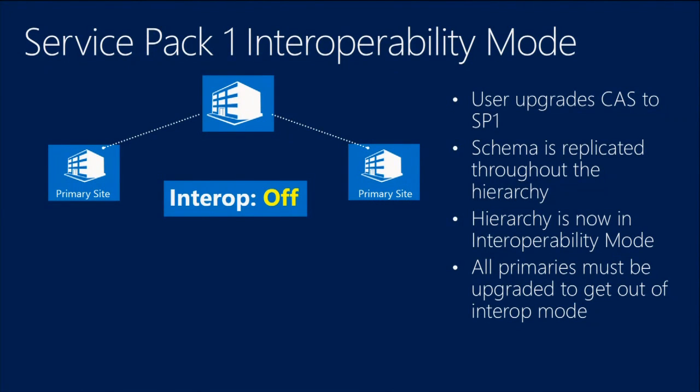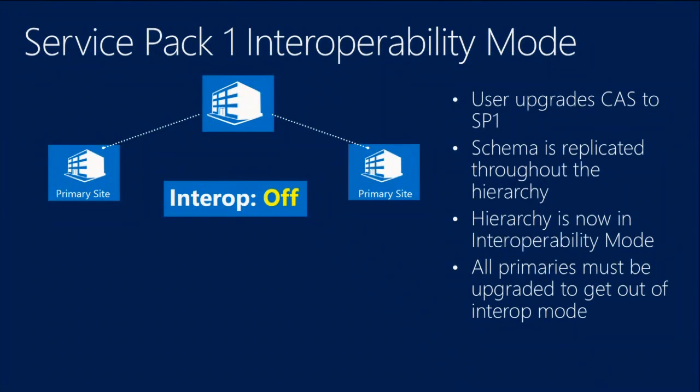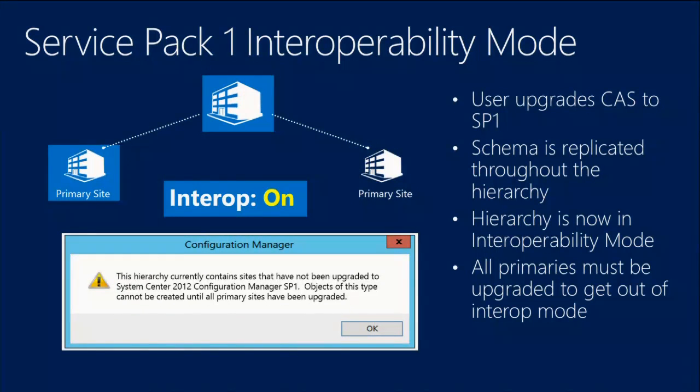So with Service Pack 1, we had this concept of interoperability mode. So what we told you is once you upgraded your CAS to SP1, you had to immediately upgrade your primary sites. The reason being, by default, everybody's good. Everybody's at RTM, so you can create an object anywhere, it replicates everywhere, everybody's happy. Now you upgrade your CAS to Service Pack 1, and you go into what's called interop mode.